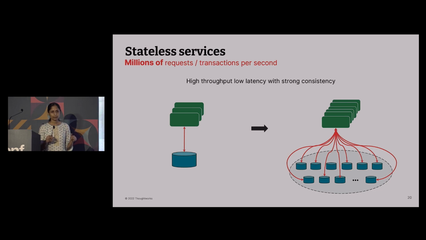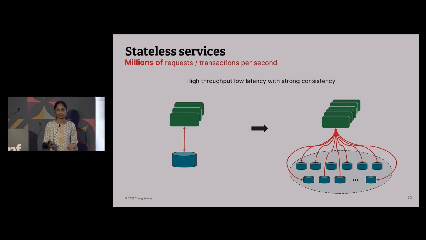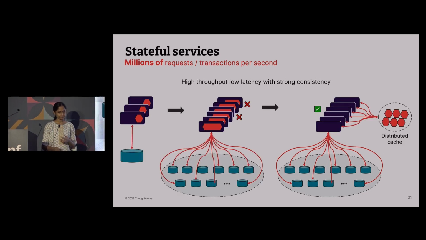The reason for those arrows is the service cannot see it as one database, unlike in the NoSQL case. The service has to see it as, let's say, 10 or 20 different database nodes. And whenever a request comes, the service has to decide which request will go where. That complexity lies with the service, right?